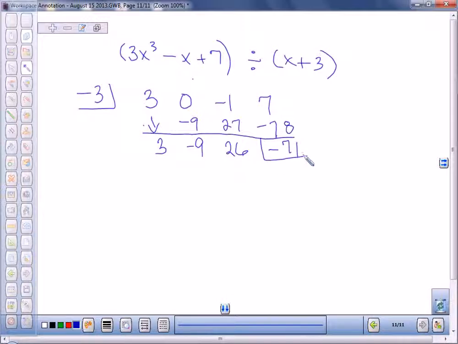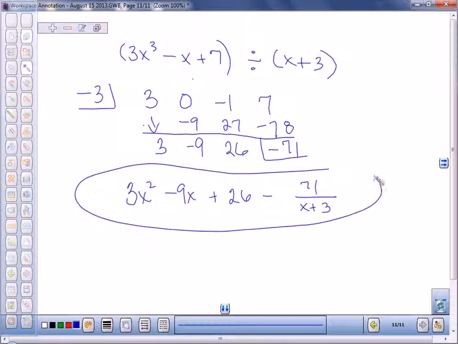So this is my constant, 26. This is my x, negative 9x. This is my squared term, 3x squared. And that's how synthetic works. Now, you may use synthetic whenever your divisor is a linear binomial with a leading coefficient of 1. It's much quicker.